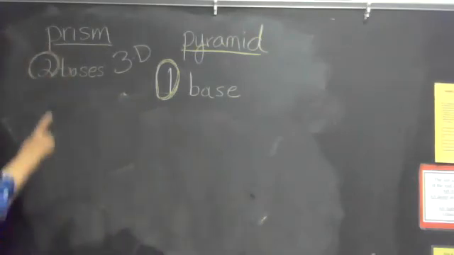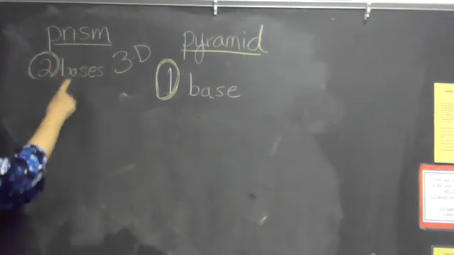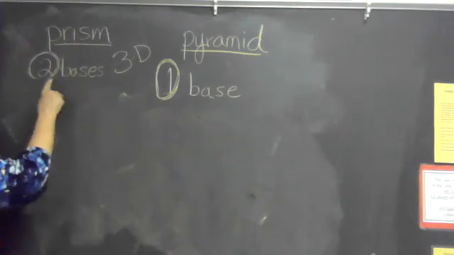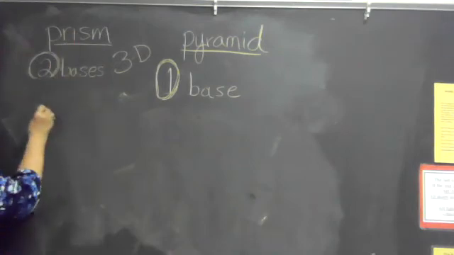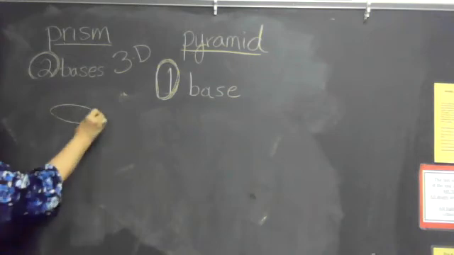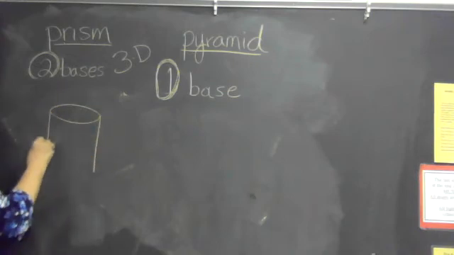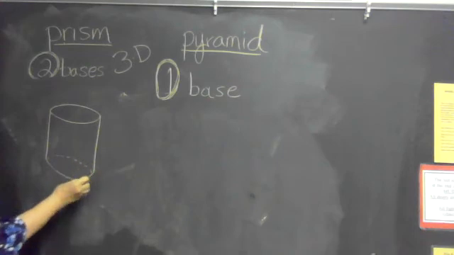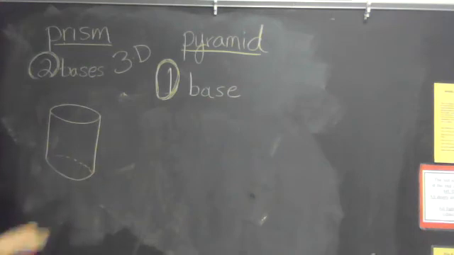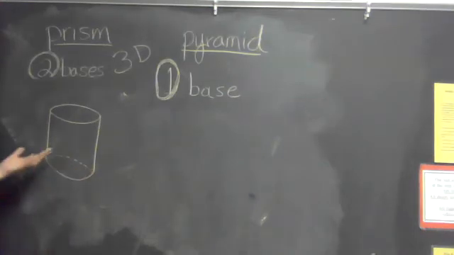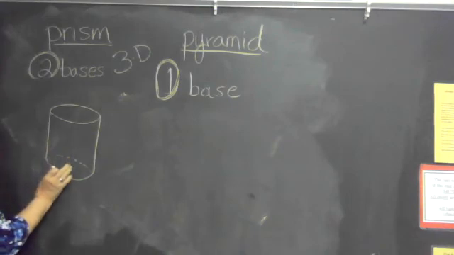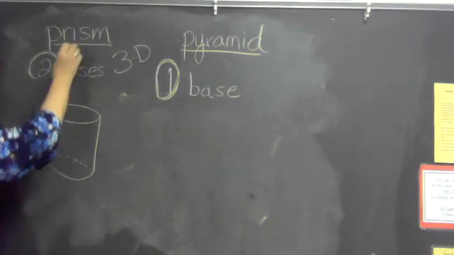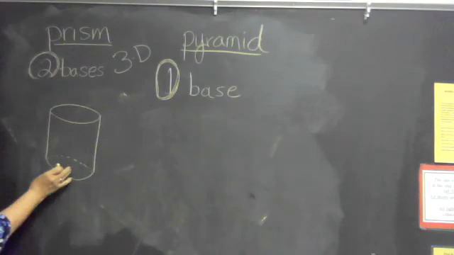So the one that's like a prism still has two bases, but the bases this time are circles. I think of a Campbell's soup can when I see this. This is the same as a prism with circles as the bases.